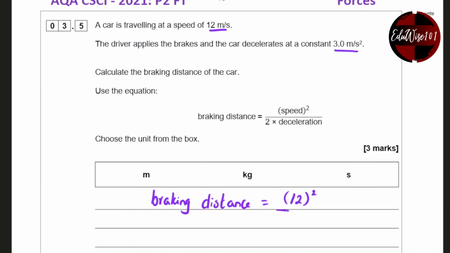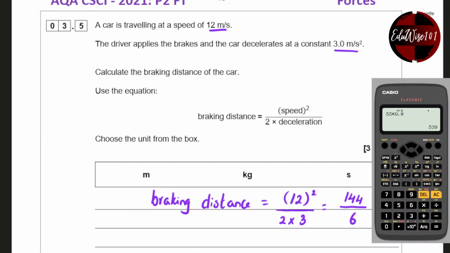squared, divided by 2 multiplied by the deceleration, which is 3. So 12 squared is 12 times 12, which is 144, divided by 2 times 3, which is 6. So what is 144 divided by 6? Let's bring in the calculator.